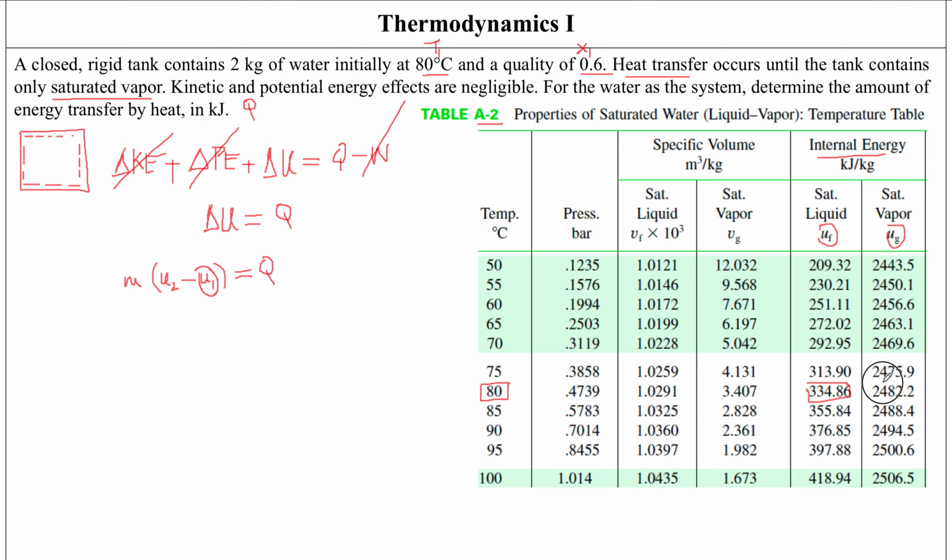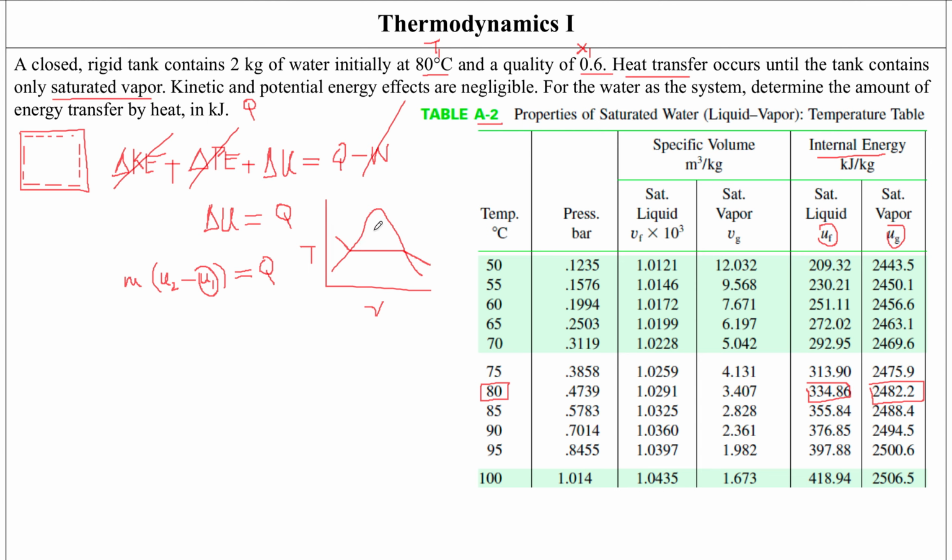Okay, so that means that if you were to draw a TV diagram, whenever quality is mentioned, that means you are within this dome. Okay, so let's say you've got some constant pressure line, an isobar over here, and what you're being told is that you've got a quality of 0.6.